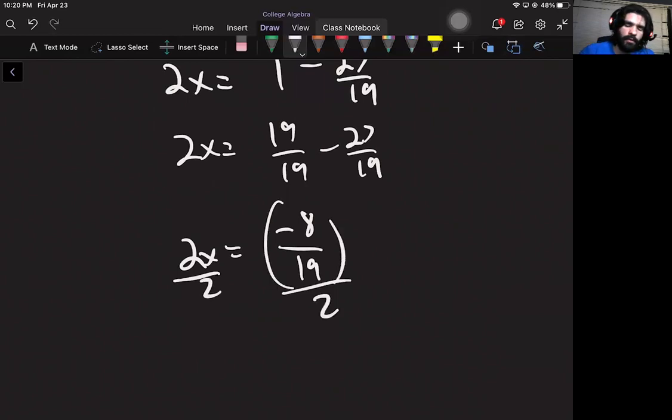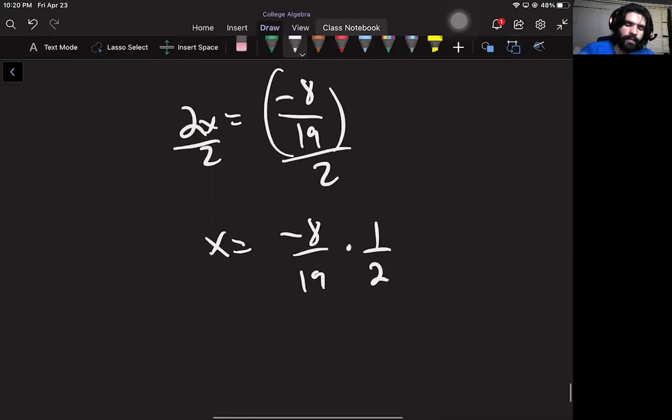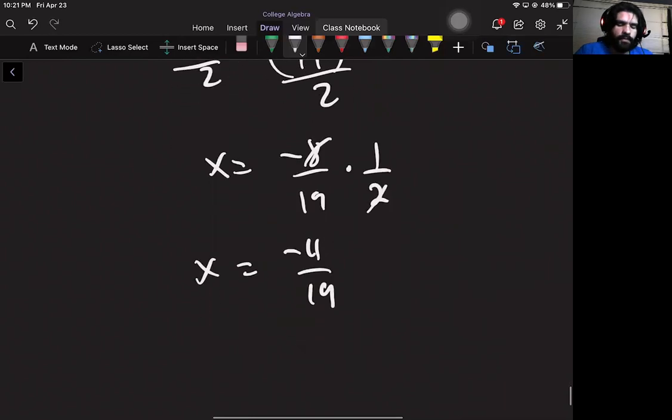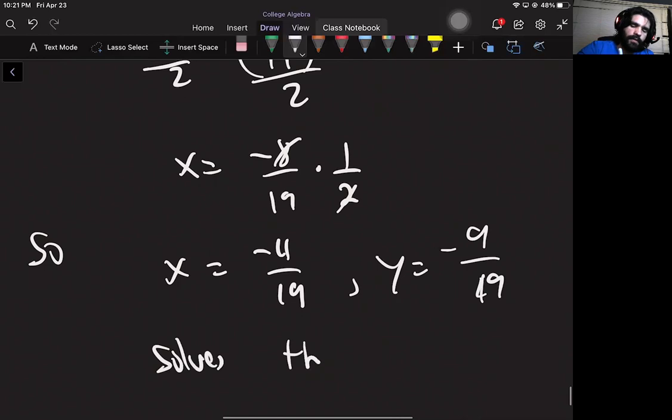Now, you might be confused about dividing by fractions, but dividing by 2 is the same as multiplying by 1/2. So we could think of it like that. And then I can cancel a bit to get -4/19. So that's my x. And my y was -9/19 earlier. Solves the system.